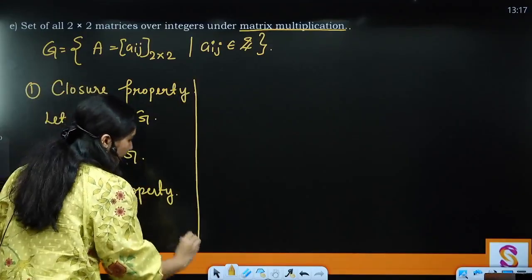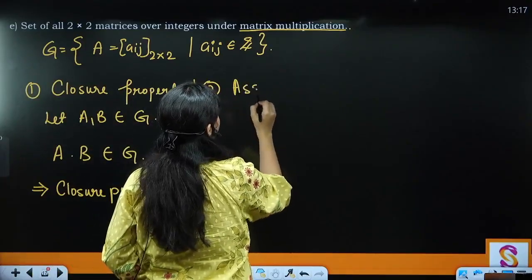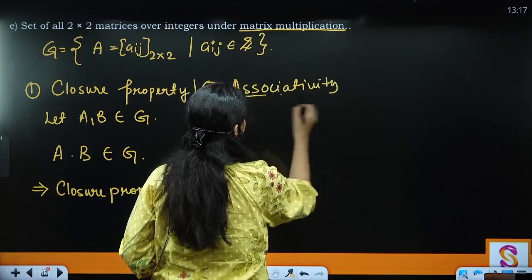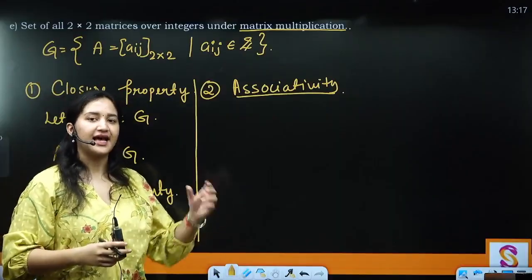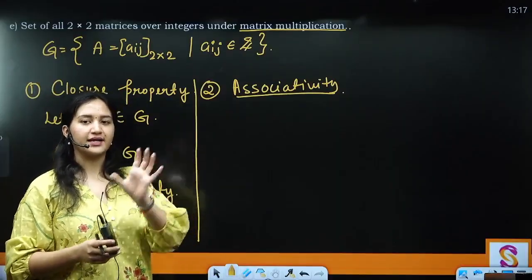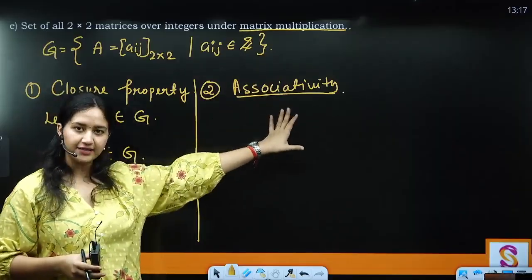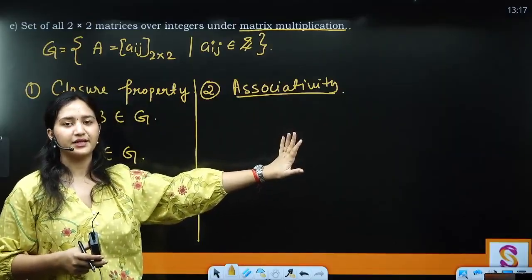Now here comes a small hard-work task that you will be doing. Why? Because you are going to assume three matrices and the elements of those three matrices as A11, A12, A21 and A22, and similarly for B and C. And then you are going to check if the associativity holds for matrix multiplication or not.